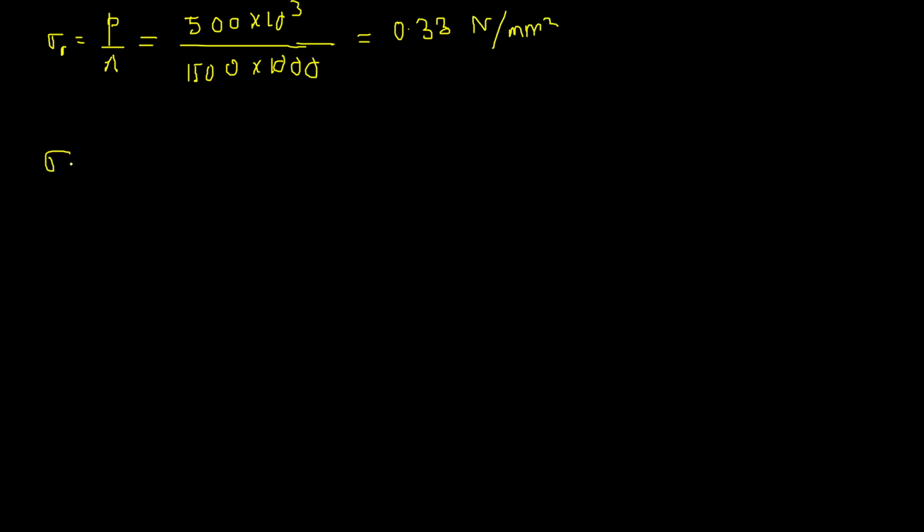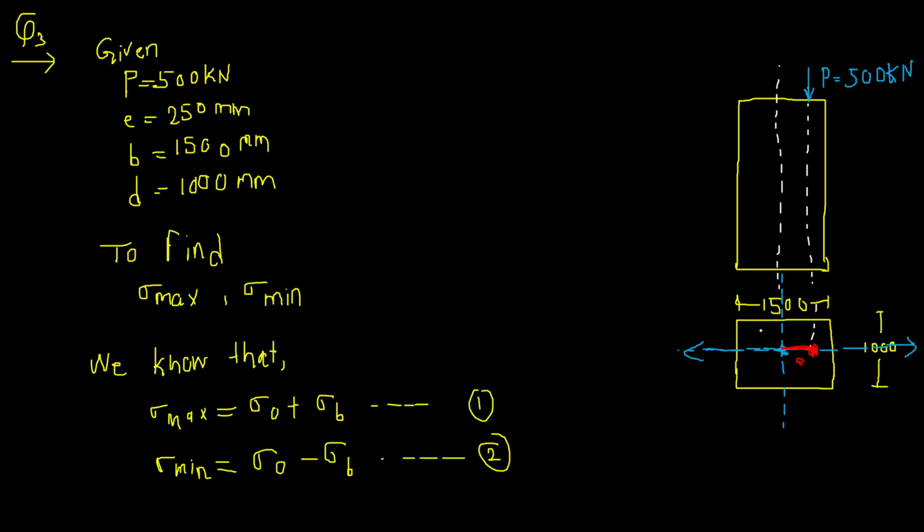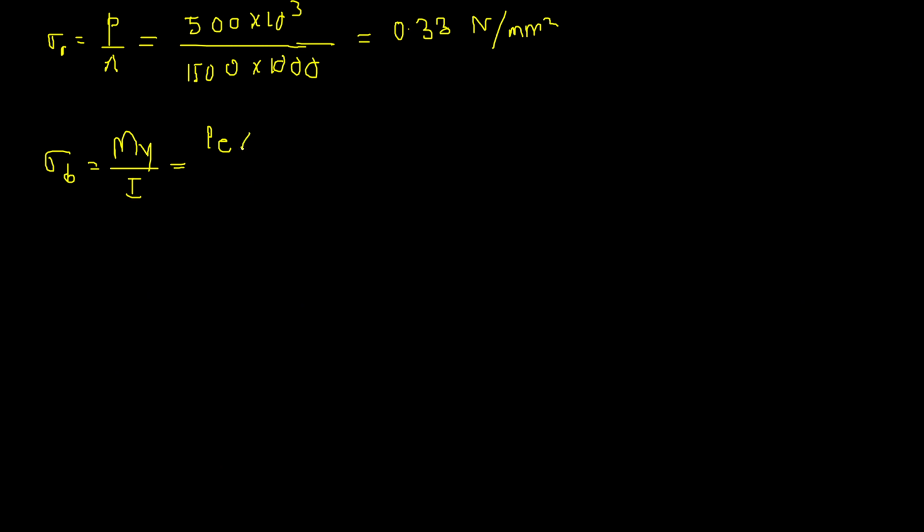Now next is bending stress sigma b, M by I or M by Z. M is P into E. Now in this case y is this distance, that is b divided by 2. B is 1500 divided by 2.